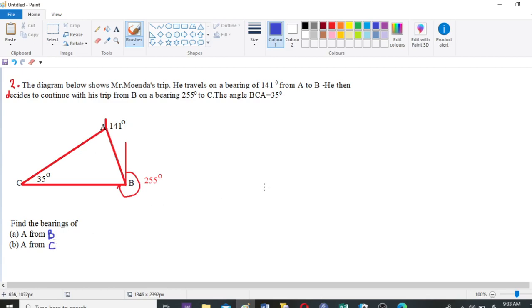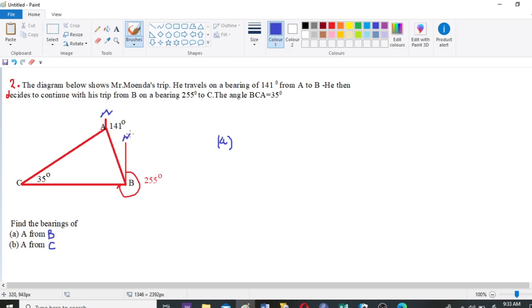So how are we going to solve this one? For A, the first one, we can extend the north line if we want, but that's not necessary. We know that this is our north, and this is our north.